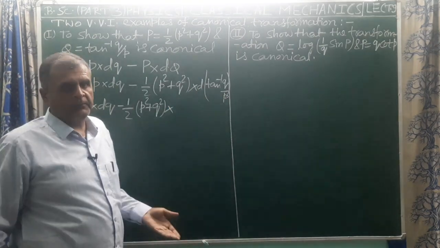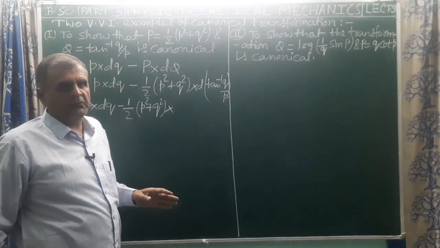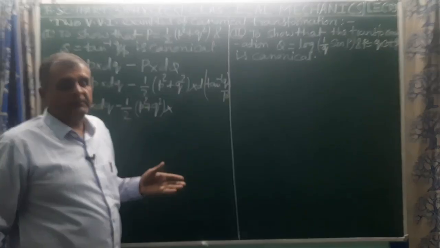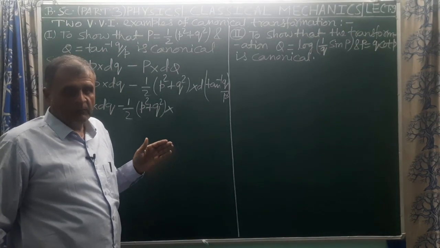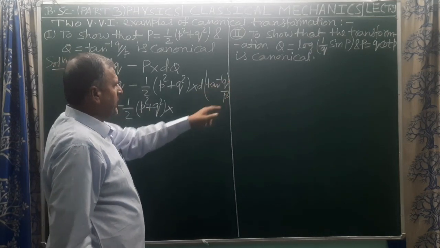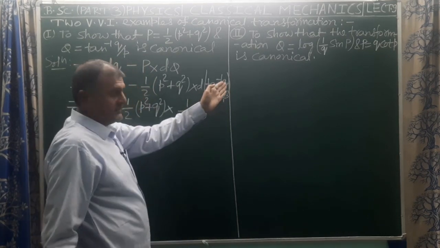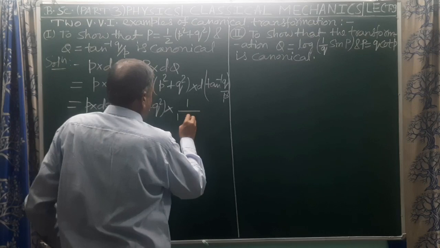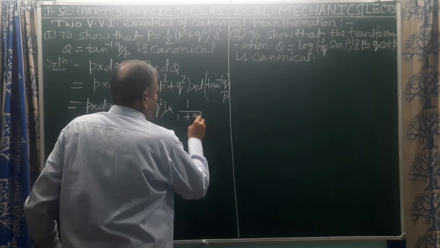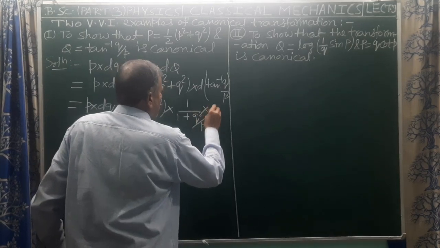Using the formula, d of tan inverse x is 1 upon 1 plus x square into dx. In place of x there is q upon p, so 1 upon 1 plus (q upon p) the whole square, that is 1 plus q square upon p square.